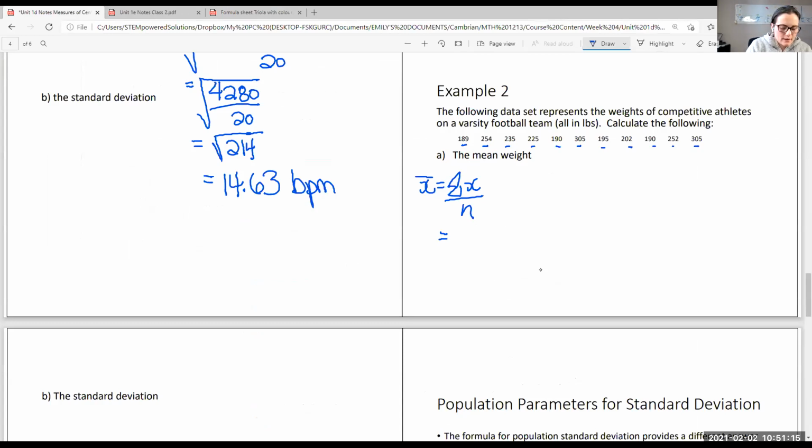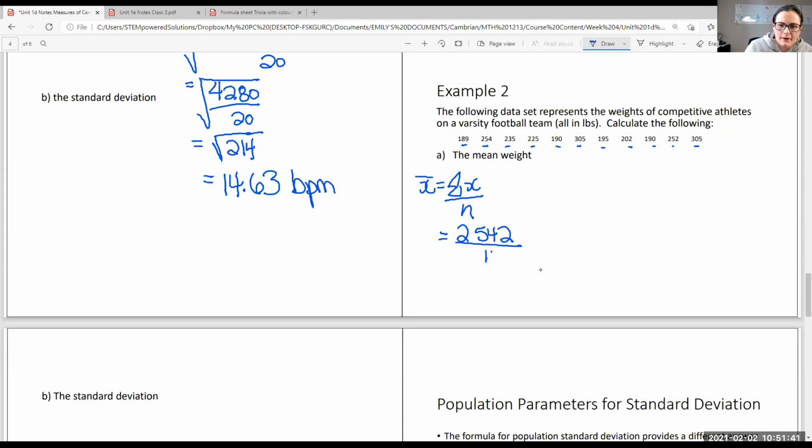We add these all up: 189 plus 254 plus 235 plus 225 plus 190 plus 305 plus 195 plus 202 plus 190 plus 252 plus 305 equals 2,542.